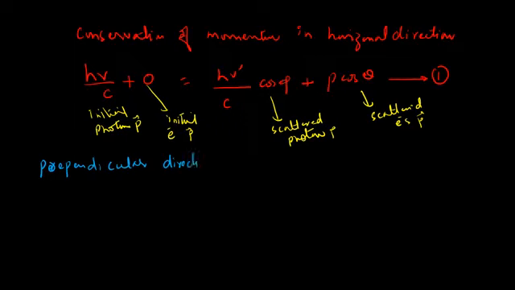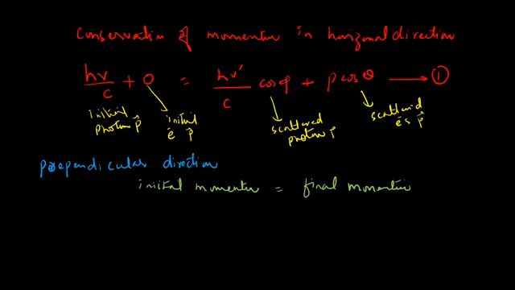The initial momentum in the perpendicular direction should be equal to the final or scattered momentum in the perpendicular direction of both electron and photon.